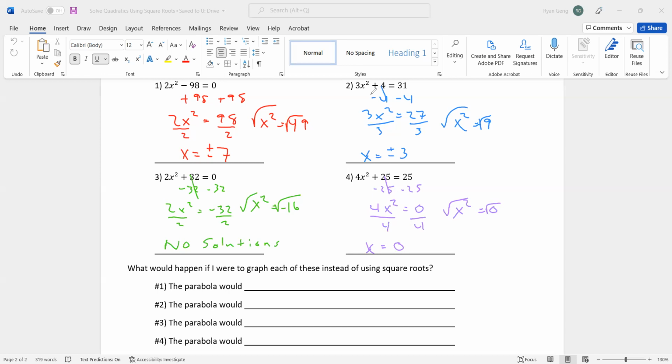Okay. Now I'm going to talk about what happens here. If I were to graph each of these problems, what would happen? I want you to make the connection between what we did previous lesson and what we're doing now. Number 1, the parabola would cross the x-axis at 7 and negative 7.